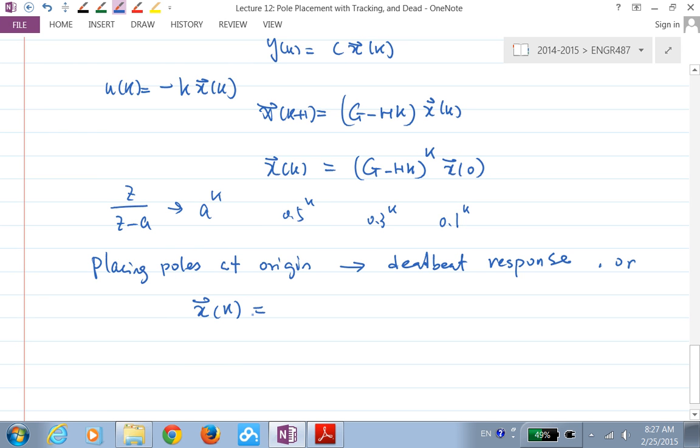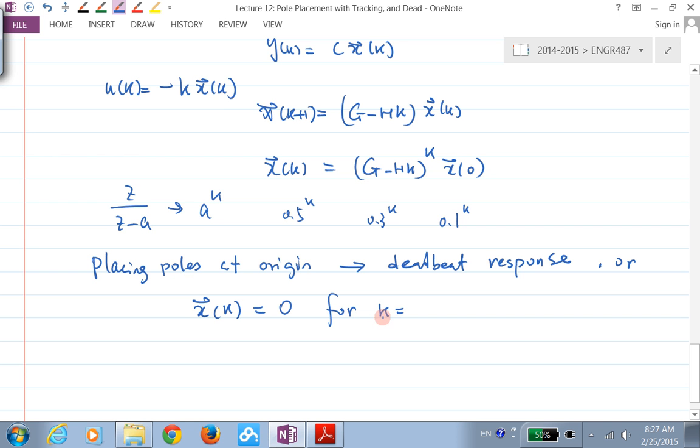What happens here is x of k will go back to 0 within only a very limited number of steps. For example, x of 1 is now 0, x of 2 is not 0, oh, x of 3 is 0 now. So that's the idea here.